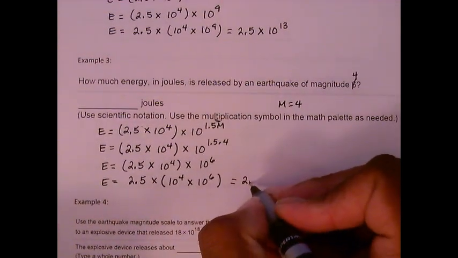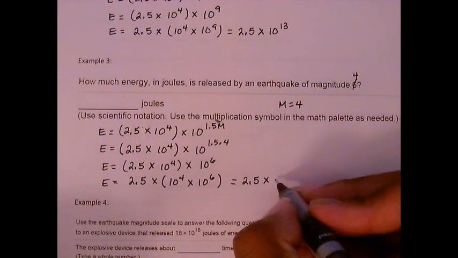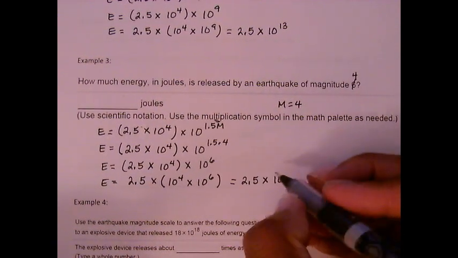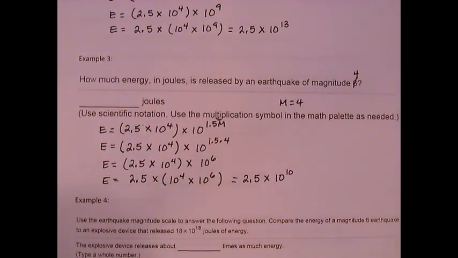So I'm going to have 2.5 times 10 to the 4 plus 6, which would be 10. So in scientific notation, the amount of energy in joules will be 2.5 times 10 to the 10th power.